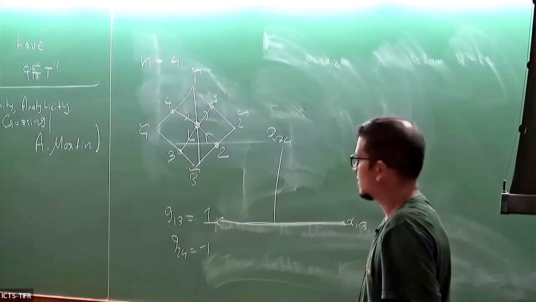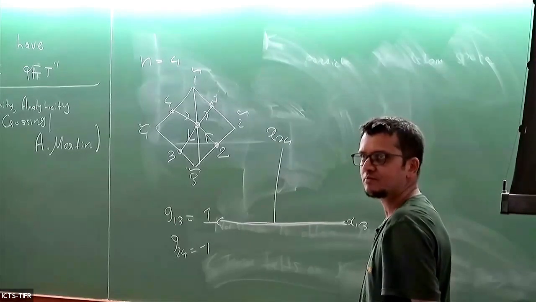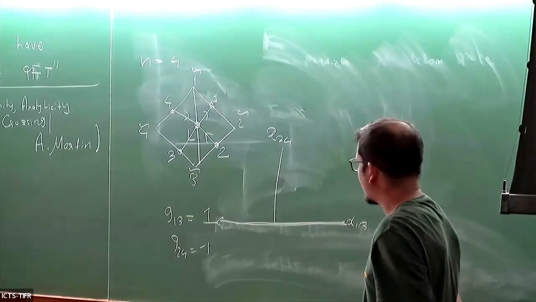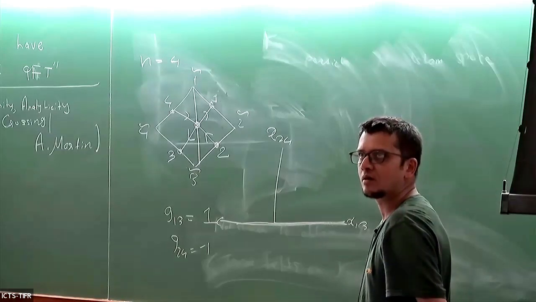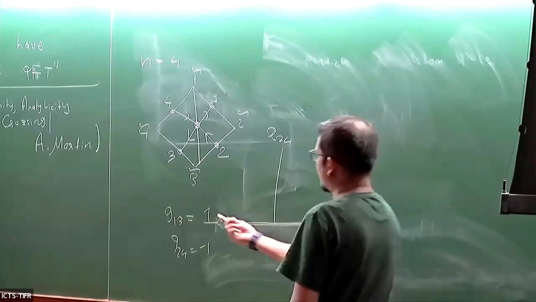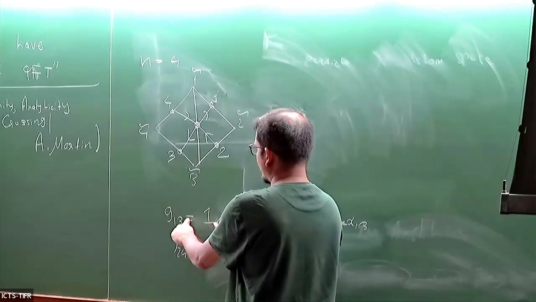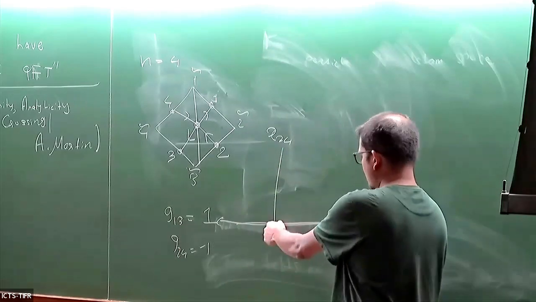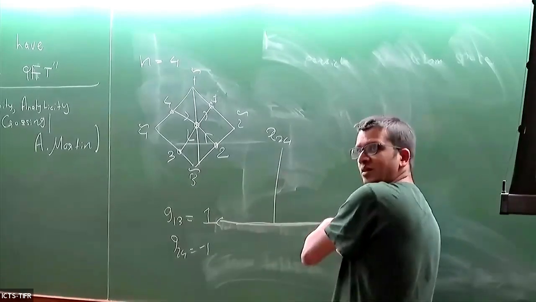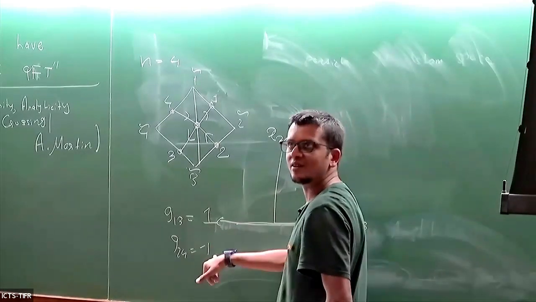So the vectors live in the span of the x13 line on this graph. G13 is just 1, in the sense that if I choose G13 as the unit vector spanning x13, they are just anti-parallel to each other.